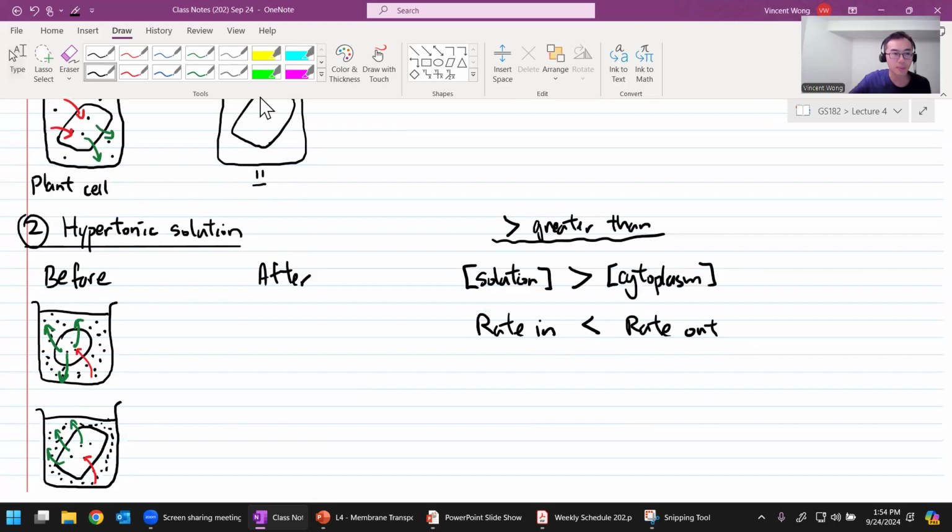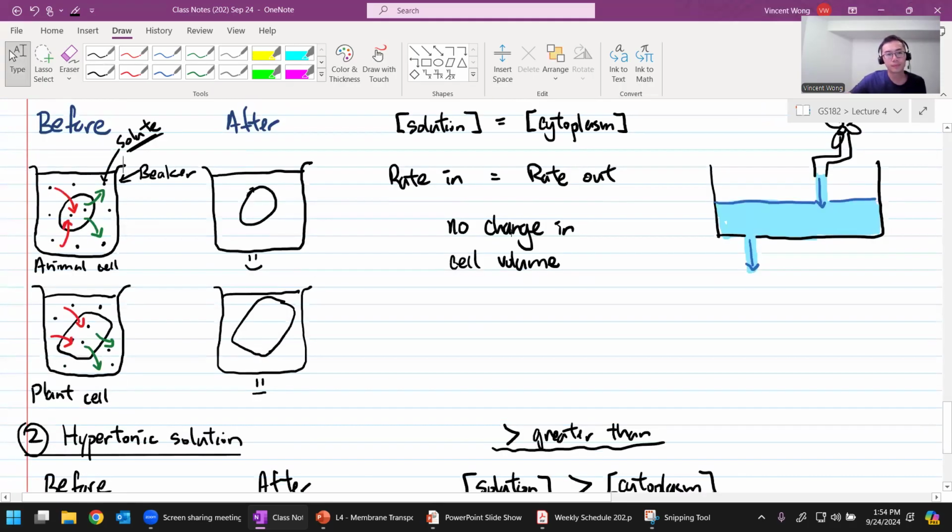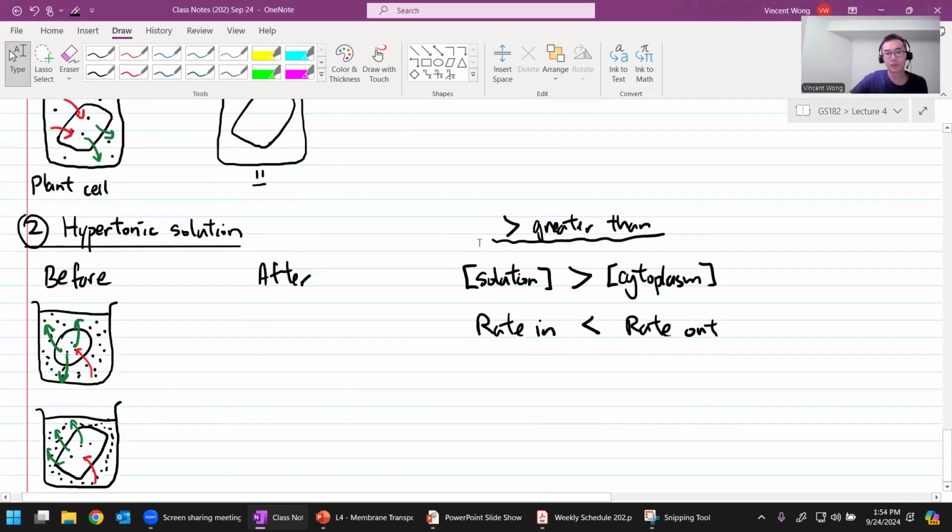I should probably label that for you. These black dots, they are solute. So like, sodium maybe, chlorine, and so on and so forth. All right. So rate in is less than rate out.